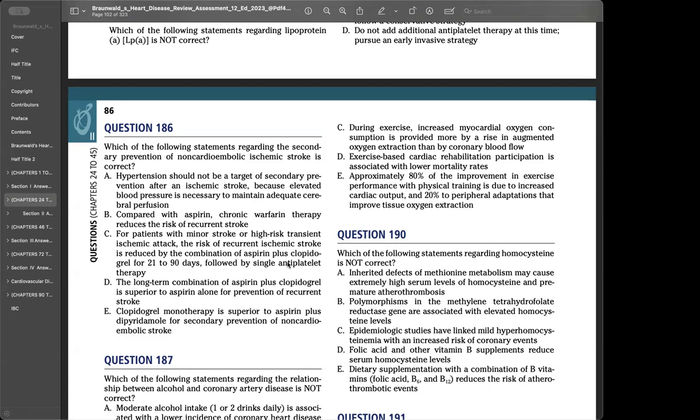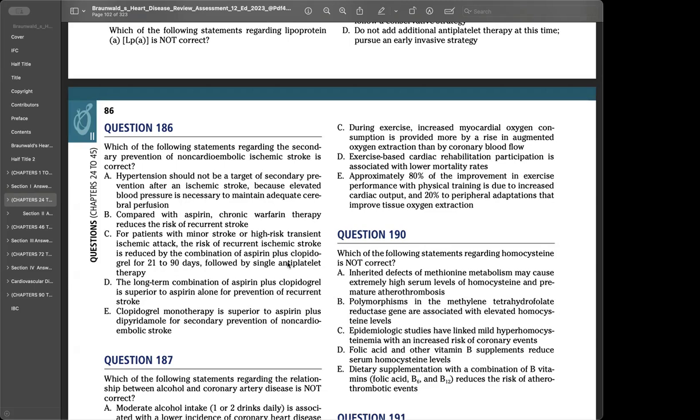Option D, exercise-based cardiac rehabilitation participation is associated with lower mortality rates. For now, I will go with option D as the true statement. Option C, during exercise, increased myocardial oxygen consumption is provided more by an increase in augmented oxygen extraction than by coronary blood flow.